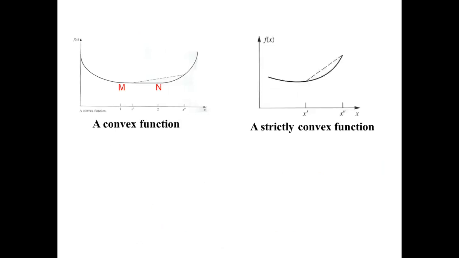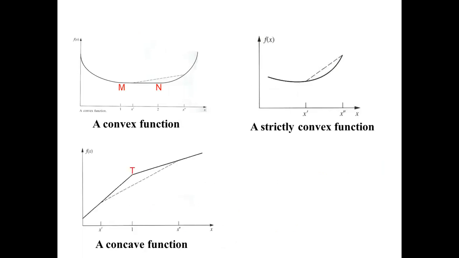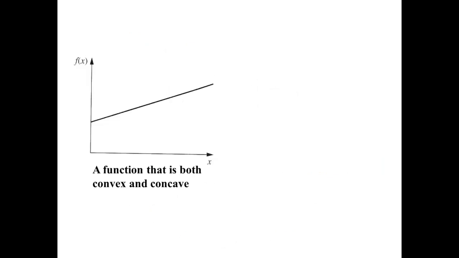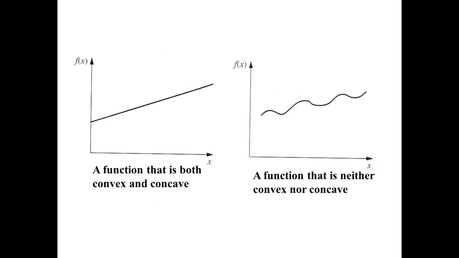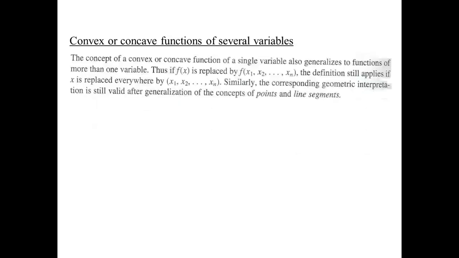If you have a strictly convex function, then you have a unique optimum point. Okay. An affine function is both convex and concave. And there are functions which are neither convex nor concave.